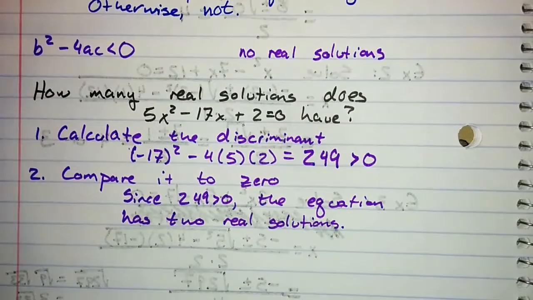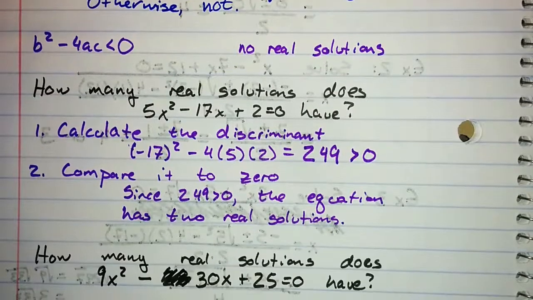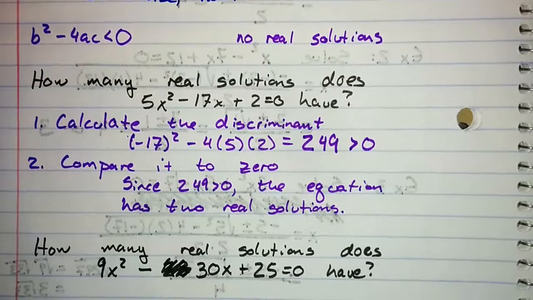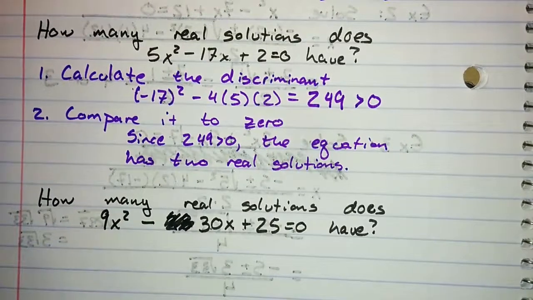I'll have you try one of these. How many real solutions does the equation 9x squared minus 30x plus 25 equals 0 have? Pause the video and try this now. Alright, so we'll calculate the discriminant.